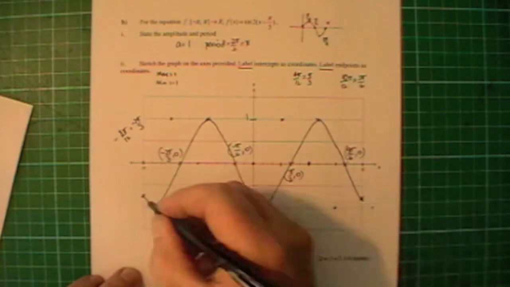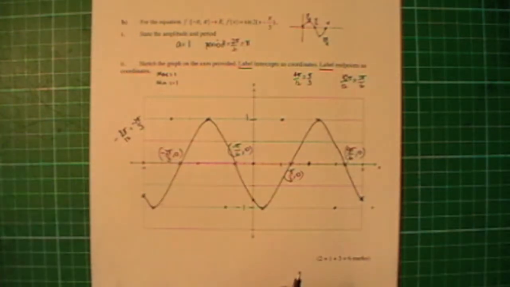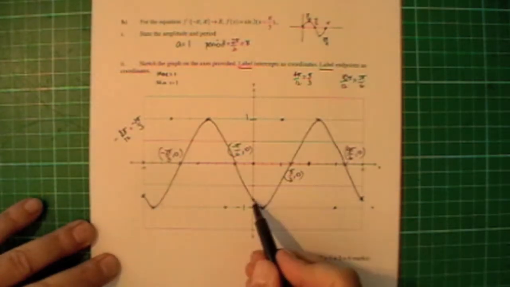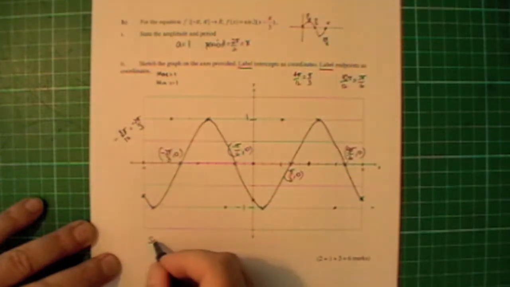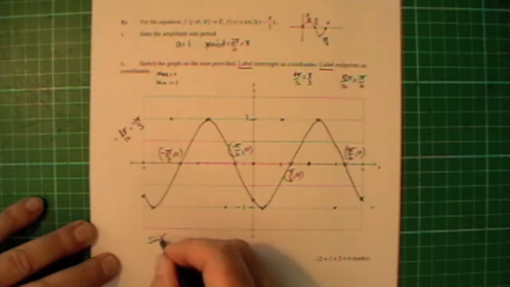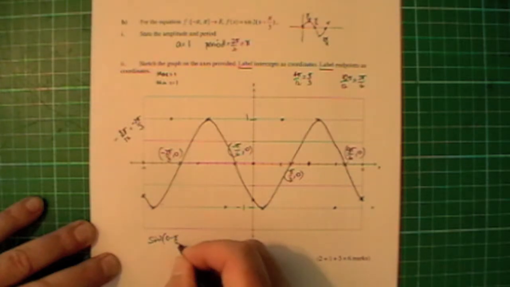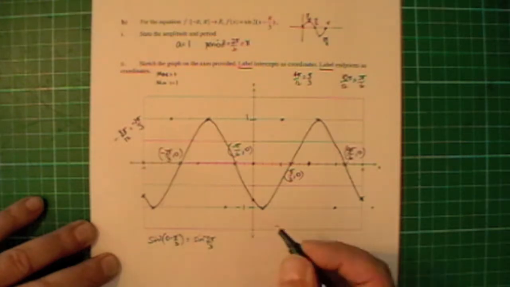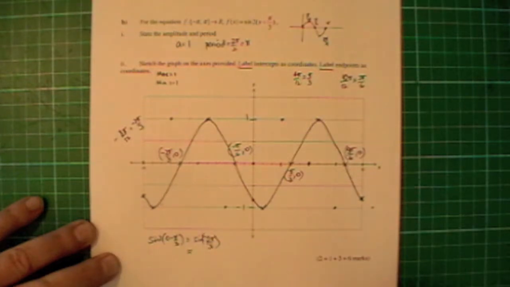This point here and these points, there's really no way around this. We kind of have to work it out, but we can see that there's a symmetry here. So maybe if we just put in 0, that's sine of 0 minus pi on 3, which is sine of negative 2 pi on 3. And sine of negative 2 pi on 3, if we use our unit circle, here's pi on 3, there's negative 2 pi on 3 there.